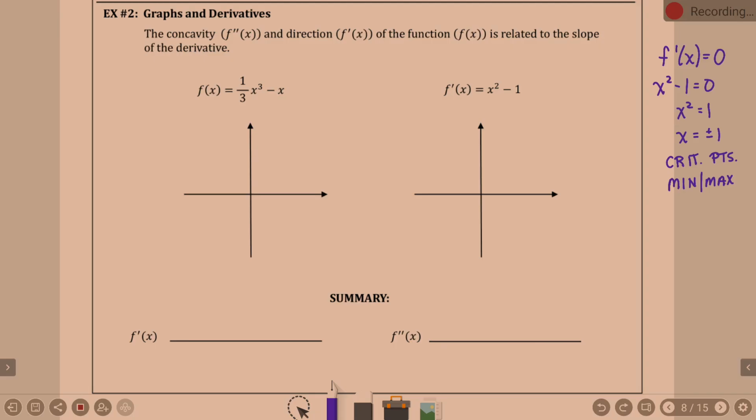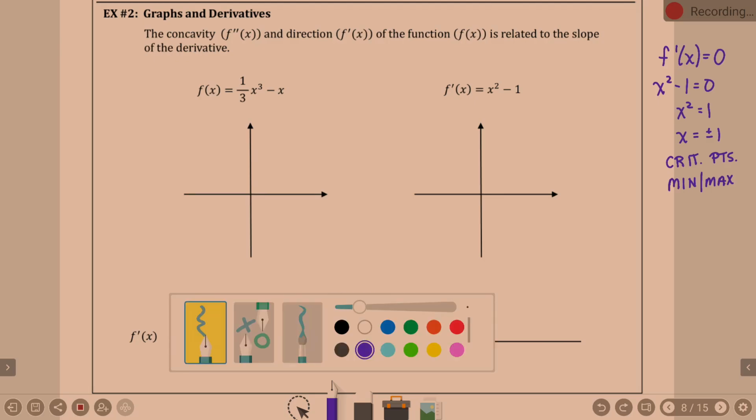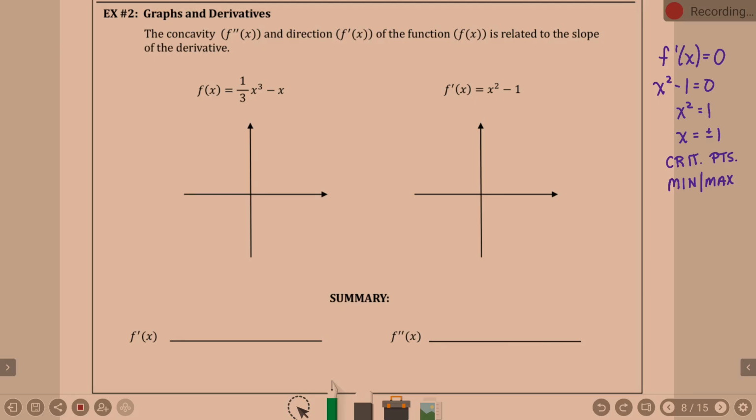Now, I'm going to have us graph the first derivative first. That's not the second derivative, that's the first derivative I'm pointing at. f prime of x equals x squared minus 1. So what does that graph look like? x squared minus 1 is a parabola that is down 1.